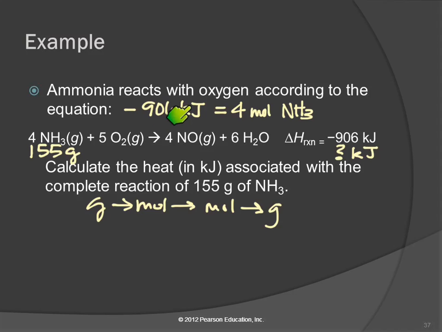So if we want to get to kilojoules, we need to get to moles of ammonia. We're given grams of ammonia. So what we're going to do in our path here is we're going to go grams to moles, and we're going to take a little detour here to kilojoules. We don't have to do the rest of it.